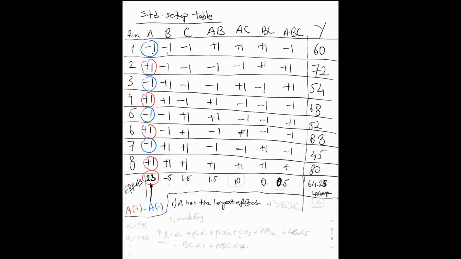And the other thing that I can say is that there is some interaction of, well, let's go one by one. So the B has a -5 effect. So that means that if I were to increase the curing temperature, right, from 160 to 180, then I'm going to get 23 of increase in my bonding strength, right? But if I increase my epoxy percentage from 20 to 40, I will actually get a decline in my bonding strength, right?